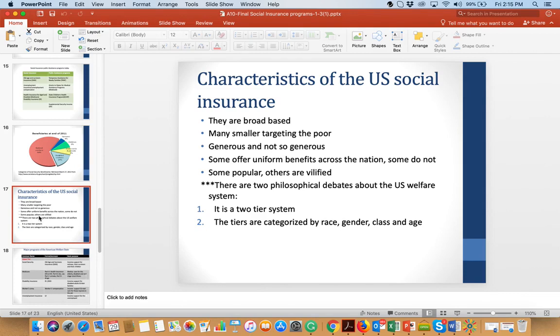And because of this variability, some scholars suggest that the United States has a two-tier system of social insurance: one for the rich, the top tier, and one for the poor.